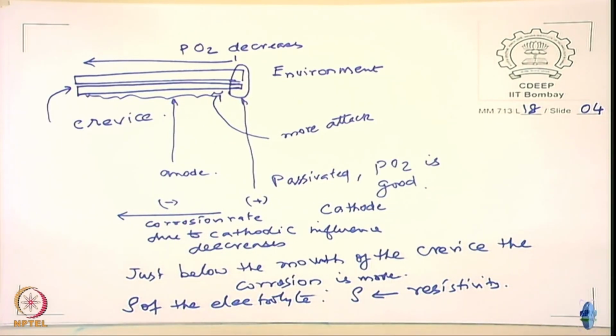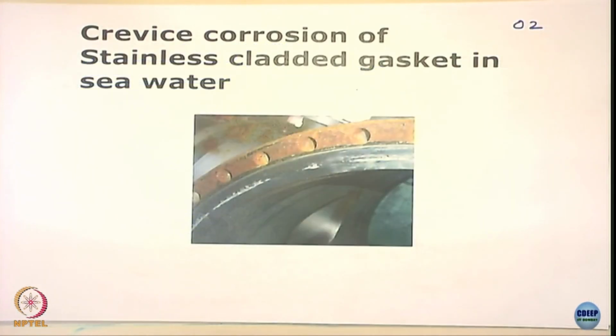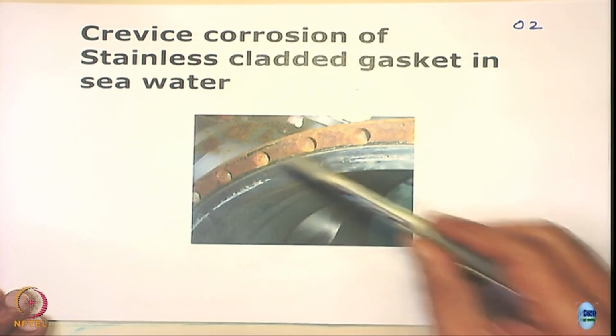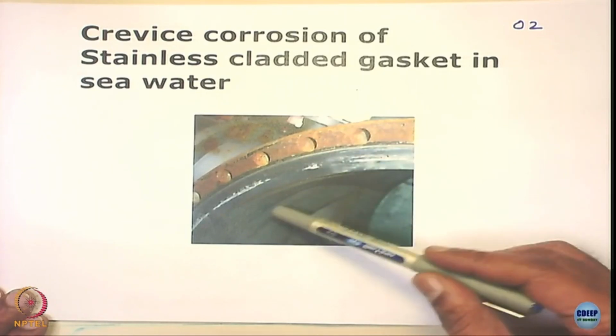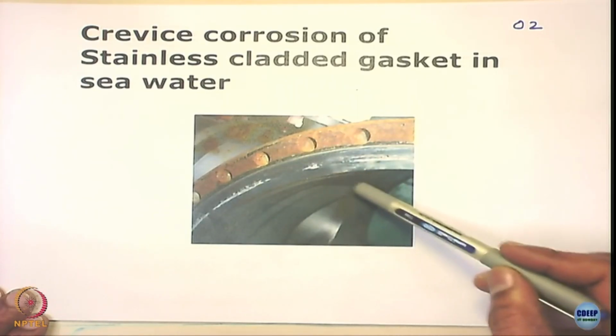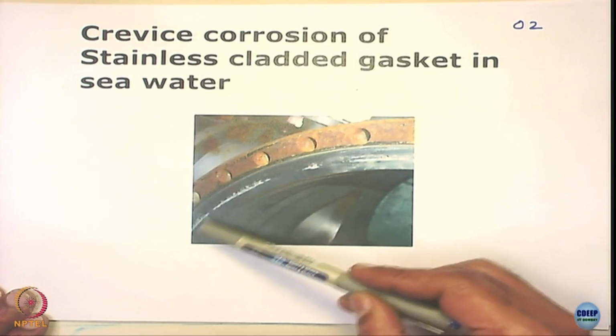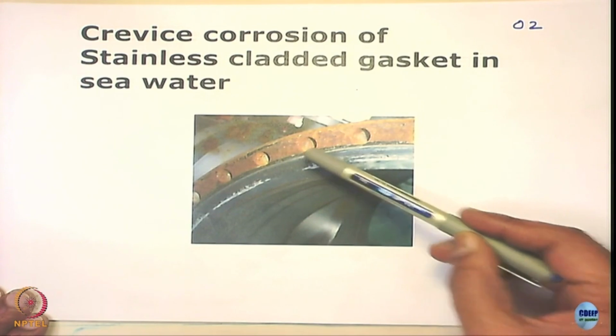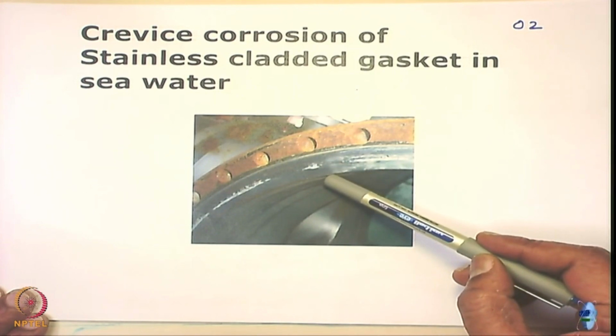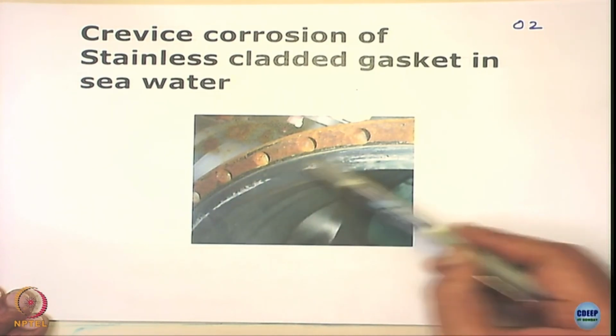So that is why, if you just look at some data, this is a typical gasket corrosion, and this is your stainless steel clad; the steel shell here is clad with stainless steel. Now here you have the environment, right. You see the attack is happening somewhere here. It does not happen too far away, it does not happen at the mouth, it happens somewhere in between.